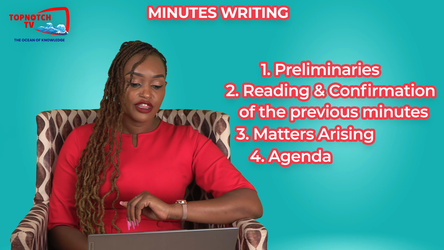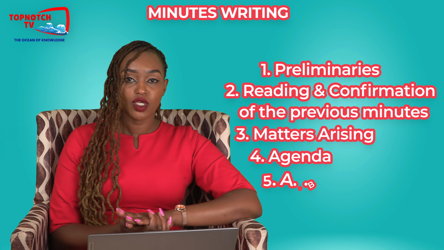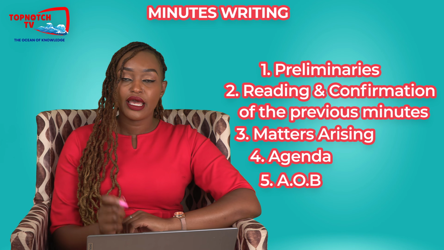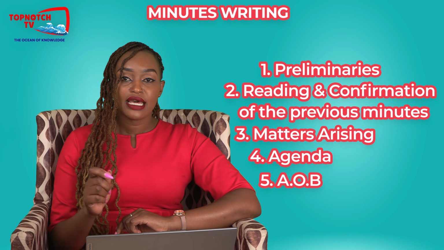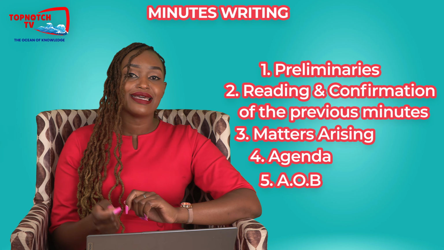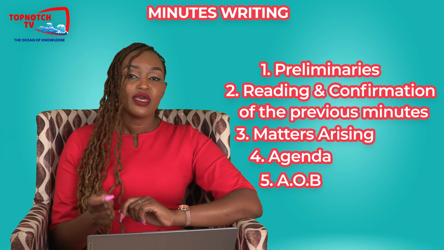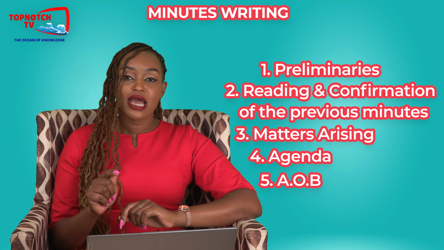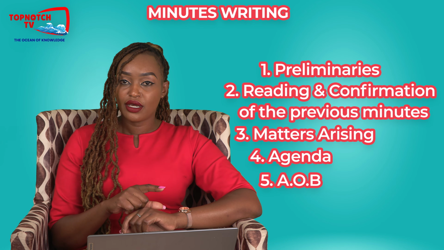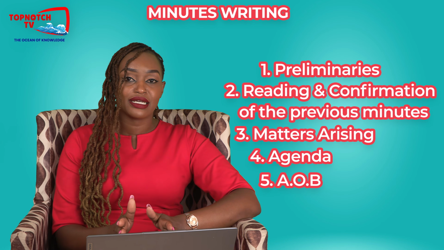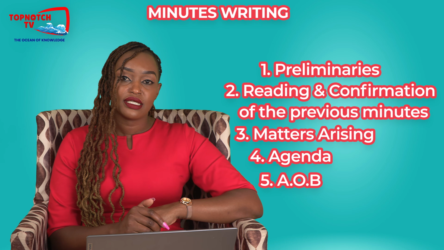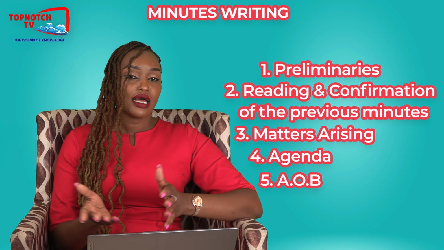So once you're done with that, you go to A.O.B. This is any other business. A.O.B. Any other business. So why do we call it any other business? Every issue that is discussed under A.O.B. is an issue that does not appear in the agenda. Remember, in the question that we have looked at, we have discussed 3 issues. So this is a class teachers meeting, or a class meeting.